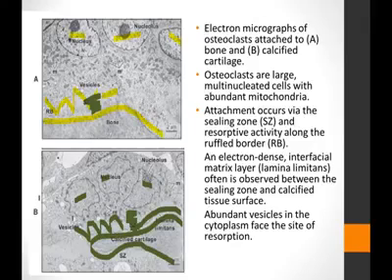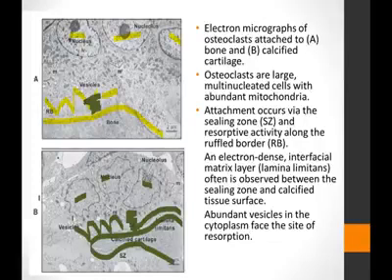So in this figure you can see that the osteoclast basically attaches to the bone surface or the calcified cartilage, whichever resorbing surface it has to carry out bone resorption against. The osteoclast, which is a multinucleated cell, attaches to that particular surface through its sealing zone. The sealing zone basically helps in the attachment of the osteoclast to the bone surface.